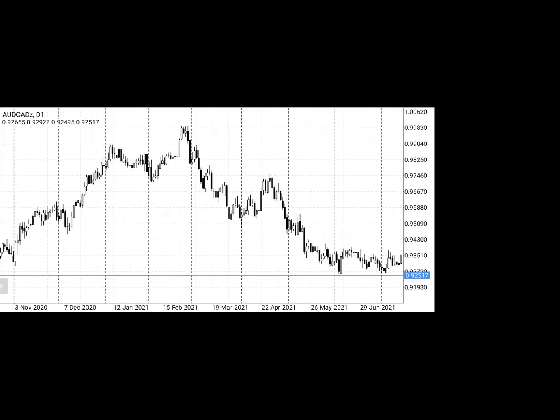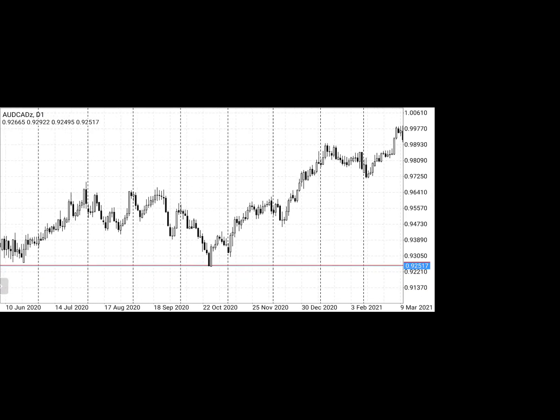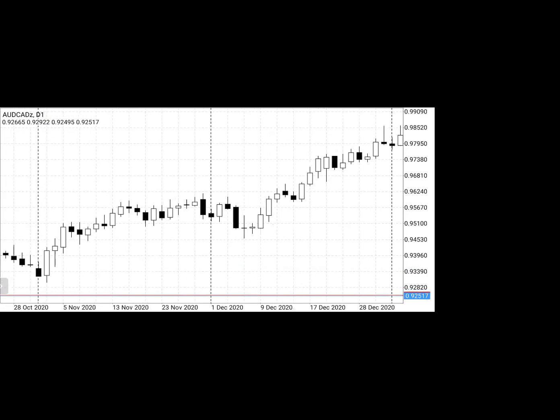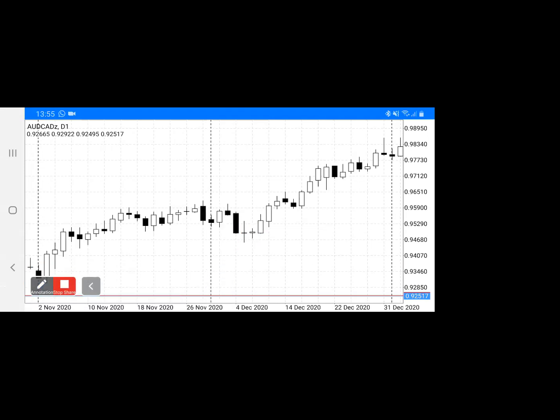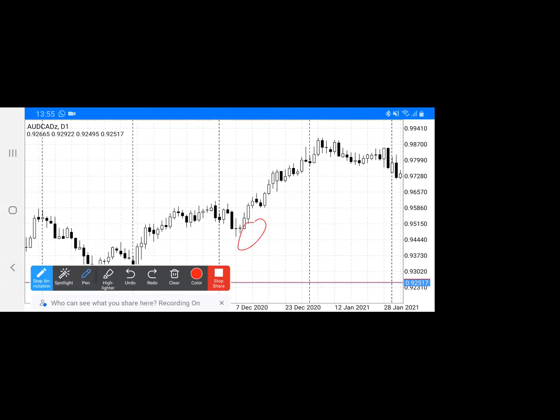Okay, now what I want us to do in this instance is look specifically. I don't know if this counts as a hammer. I wouldn't say this counts as a hammer personally. There's a nice example on the 4-hour chart. On the far right, did you say? Yeah. Whereabouts, sir?